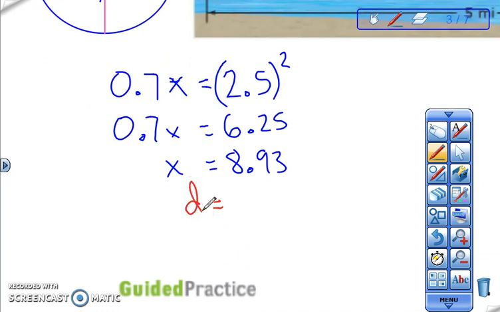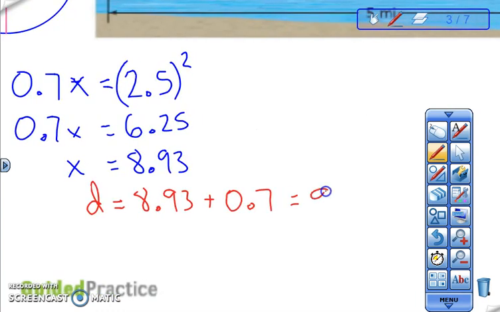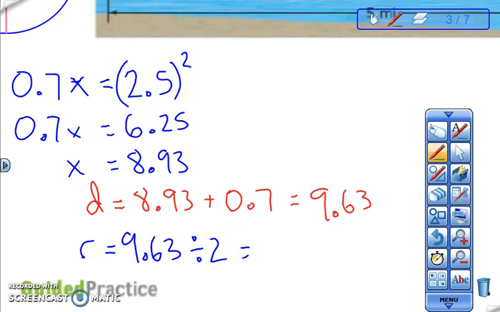So diameter is 8.93 plus 0.7. And of course, to get the radius, we will just take our diameter and divide it in half.